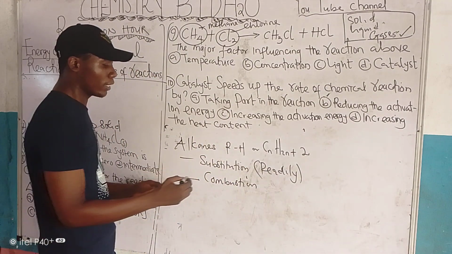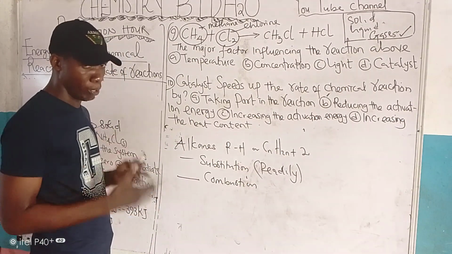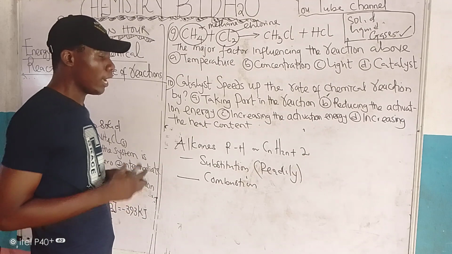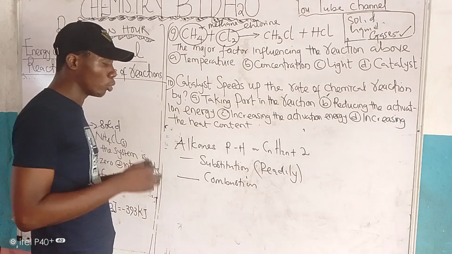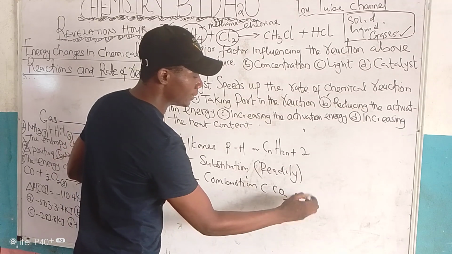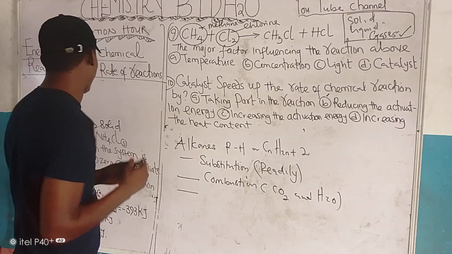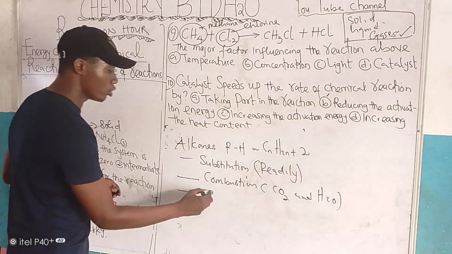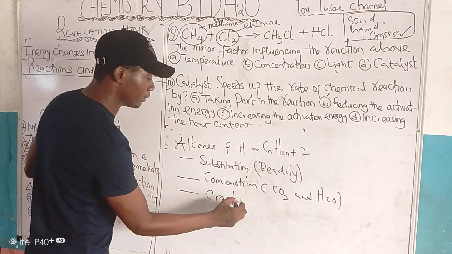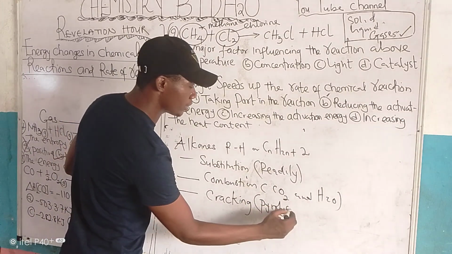Remember, in combustion, the alkane is made to react with oxygen or to burn in the presence of oxygen. When that happens, the 2 compounds that are formed will be what? Carbon(IV) oxide and H2O. Now, the last reaction that alkanes usually undergo is your cracking. Cracking can sometimes be called pyrolysis.